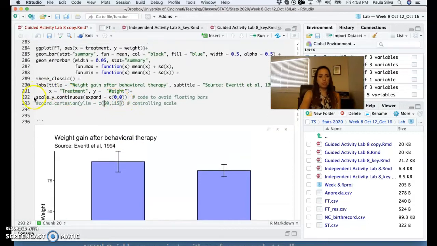And I told you to be careful with this particular piece of the code. You can use it if you want. In that case, you can put a plus here, because when you let R first pick the scale, the graph will always show up. And then you can put plus here and control this.